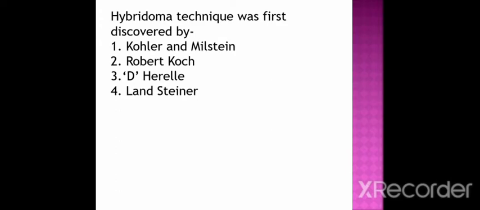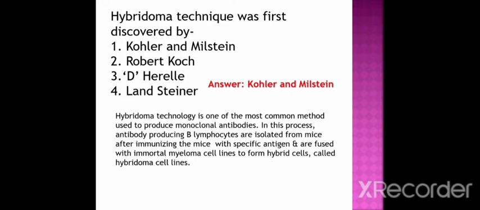The next question is, hybridoma technique was first discovered by Kohler and Milstein, Robert Koch, D'Herelle, Landsteiner. And the correct option is Kohler and Milstein. Hybridoma technology is one of the most common methods used to produce monoclonal antibodies.